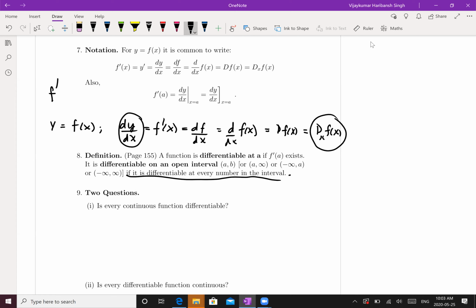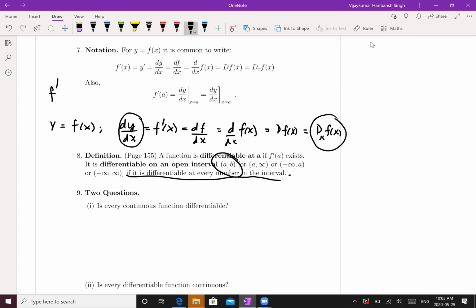To have a derivative at a point means the function is differentiable at that point. Now you can extend that definition to the whole interval. So what does it mean for the function to be differentiable on the interval (a, b)? It means that it's differentiable at every point inside the interval.